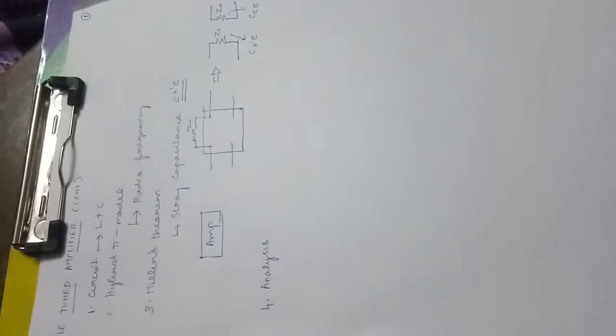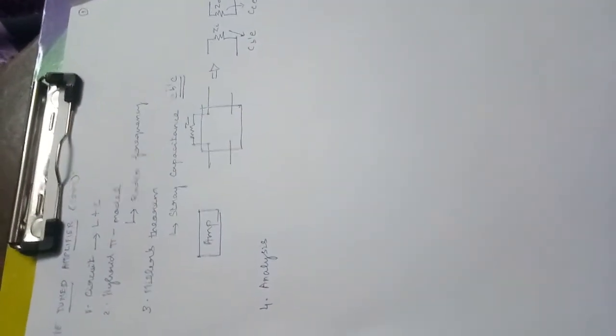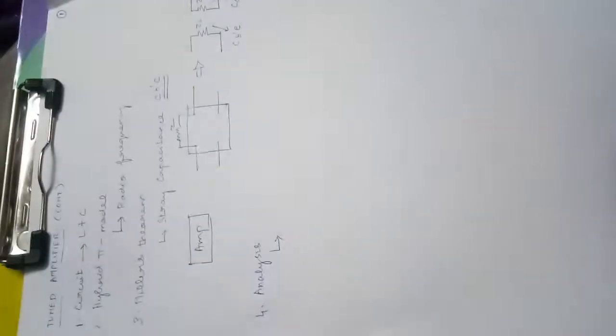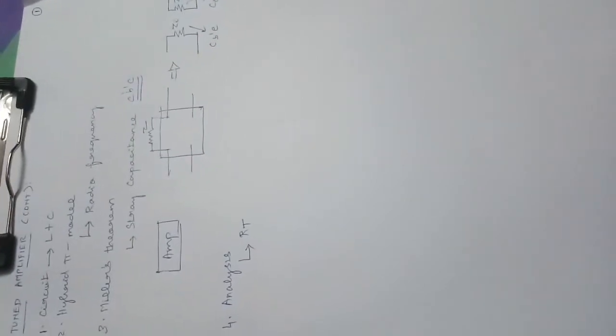So after constructing this equivalent circuit, we took up the analysis of a single tuned amplifier. In this analysis, wherever the circuit comprises many resistances, all the resistances were taken as an equivalent resistance denoted as RT.